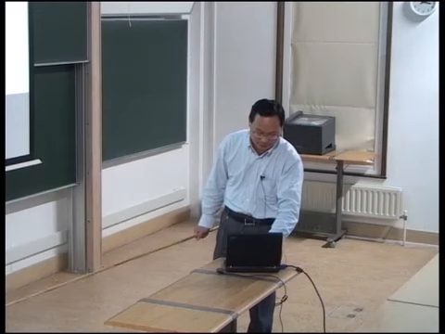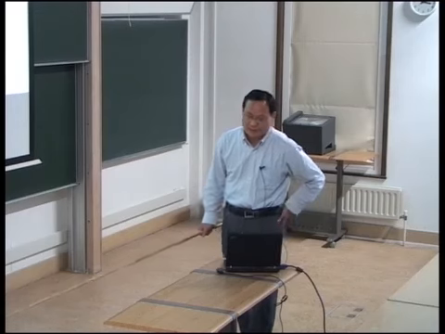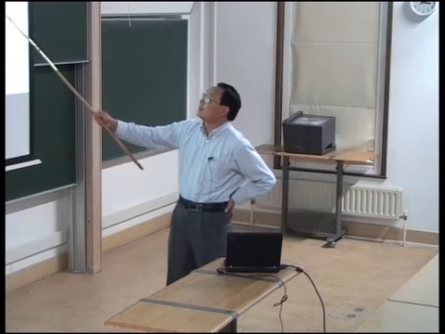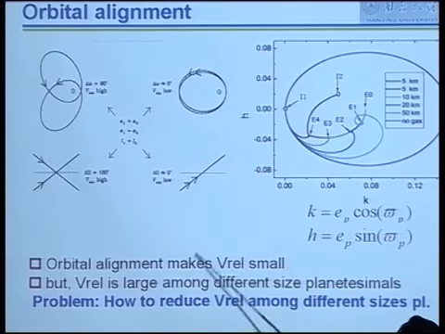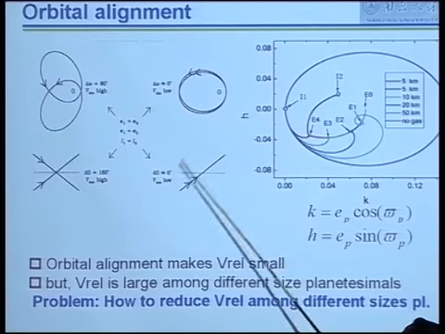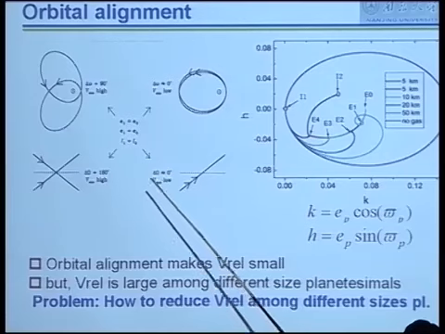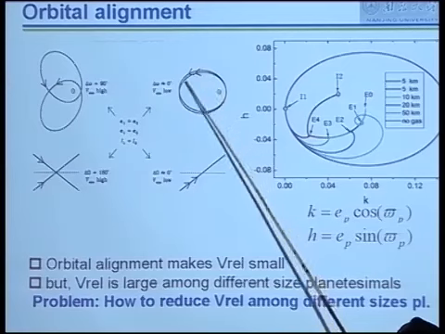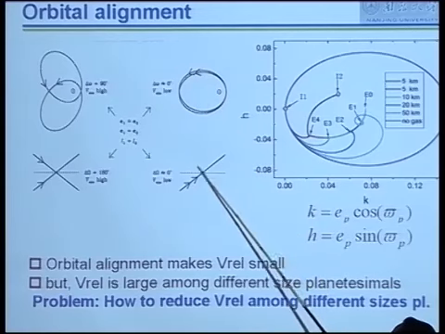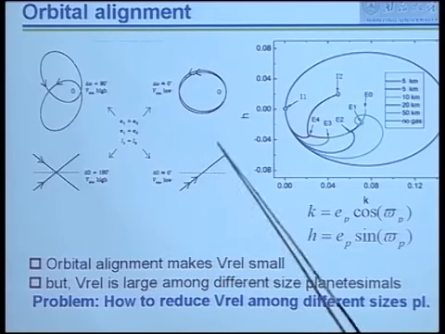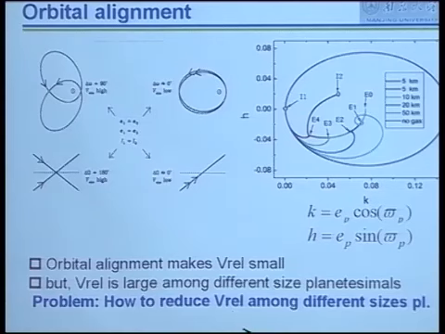That may cause a problem. For the same size of planetesimals, the orbit alignment configuration gives a smaller relative velocity, because all the planetesimals have the same direction, unlike in the unaligned situation.